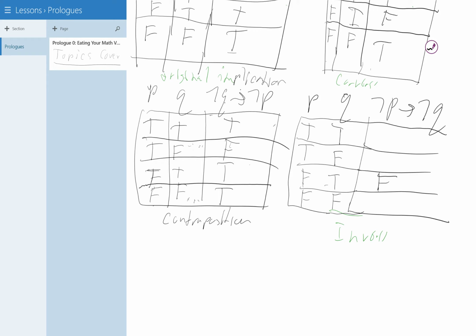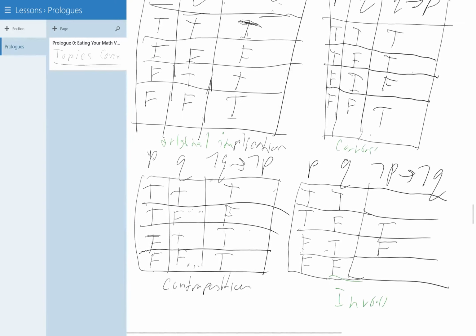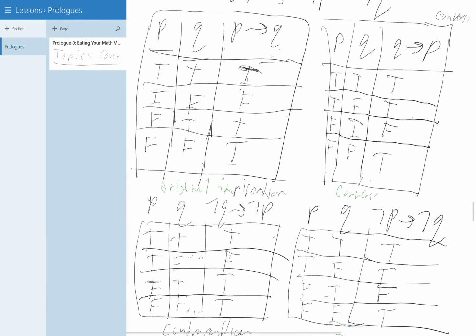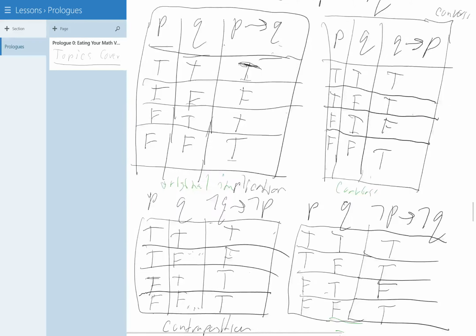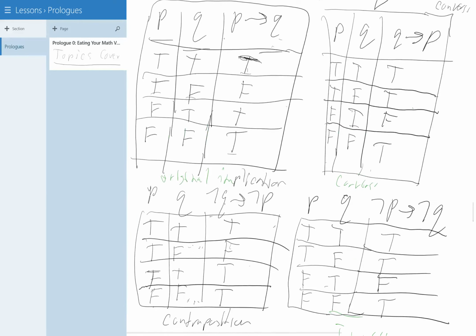This P is false here, so not P is going to be true. This Q is true, so not Q is going to be false. So we get a true implies false thing, which we know is false, and everything else is true. Now what's interesting here is that the converse and the inverse are actually logically equivalent.